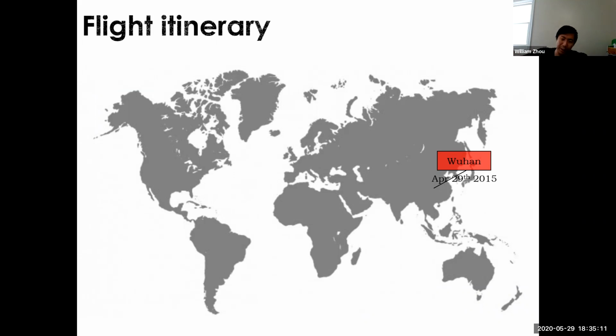Now, on April 29th in 2015, I was in the city of Wuhan. Why was I there? Well, because I was teaching there at an international school. But May 1st is a holiday in China, so I get a week off. So I'm like, I'm going to go back to Toronto for that week because I want to be in Toronto. So I buy some plane tickets online.